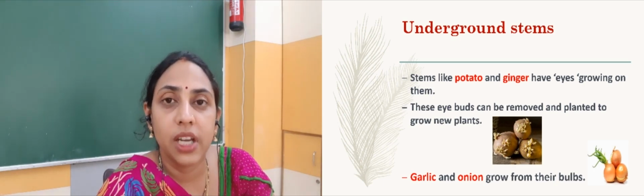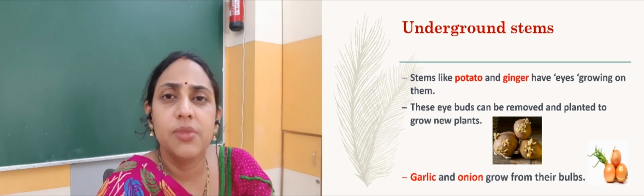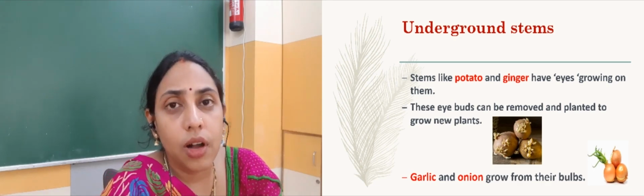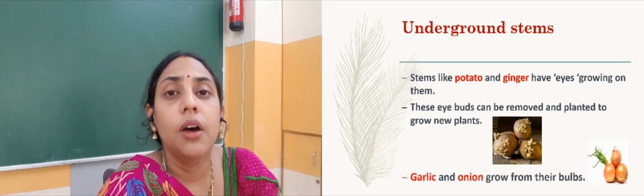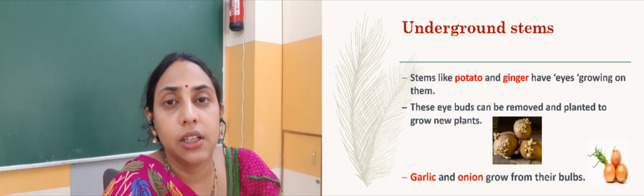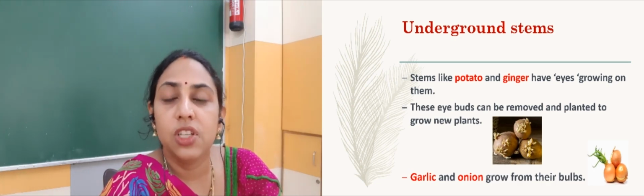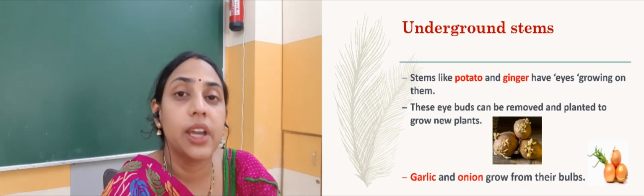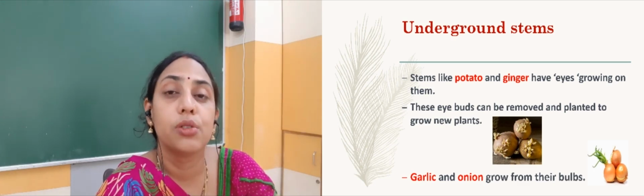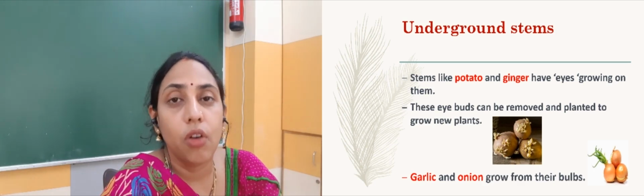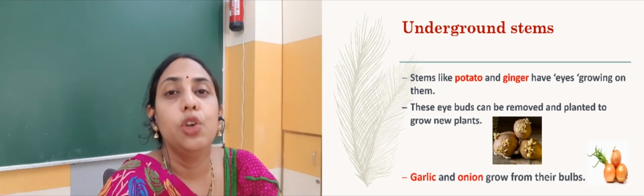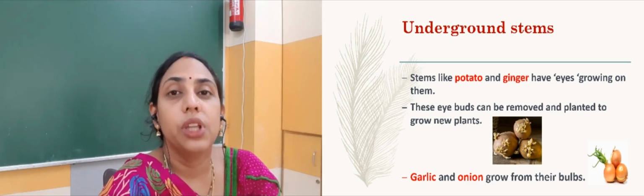It means inside there will be some seeds, and these seeds can grow into new plants. All these are different kinds of stems: rose is a stem through which new plants grow, potato is an underground stem through which new plants grow, and onion and garlic are also stems of the plant through which we can get new plants, but through the bulbs.